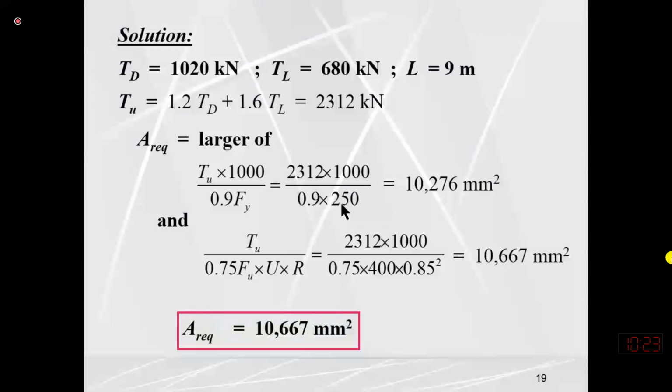Then I have a section on page number 43, maybe in the last group, W460 into 89, the second section in the last group. It has area 11,380.